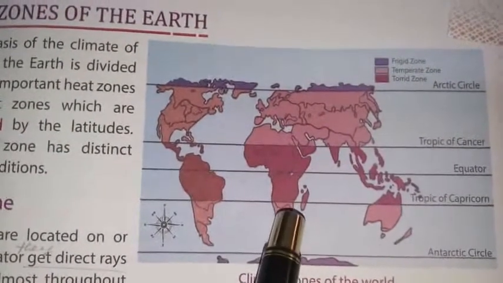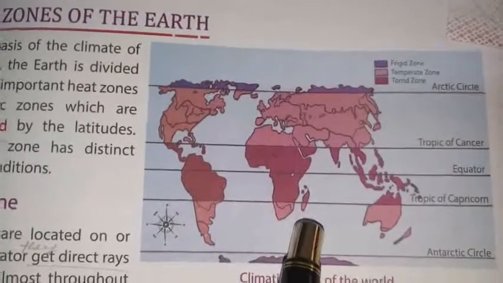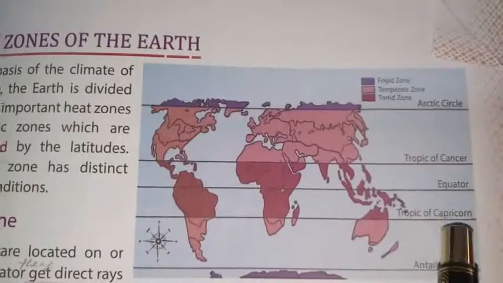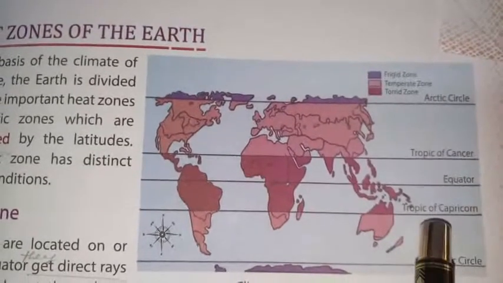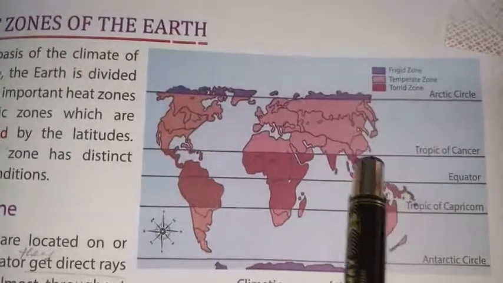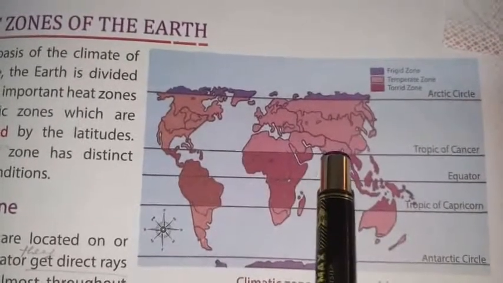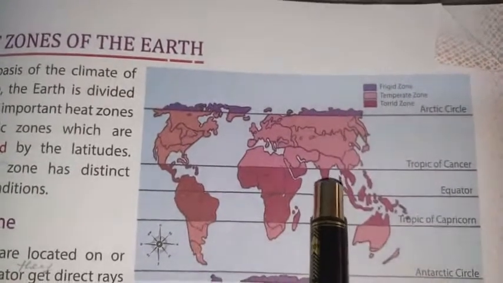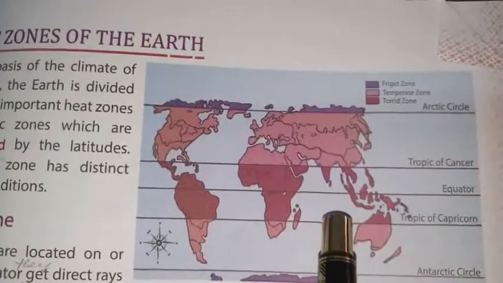Students, now see in the map. See, this is Tropic of Cancer, here equator, and then here Tropic of Capricorn. As you can see, southern part of India, it is between this region.